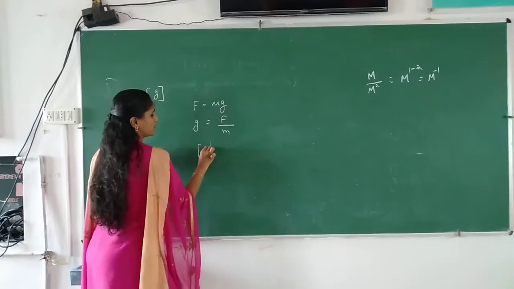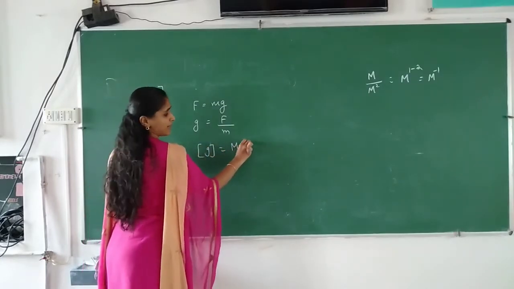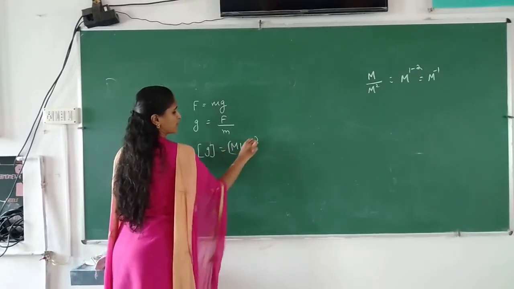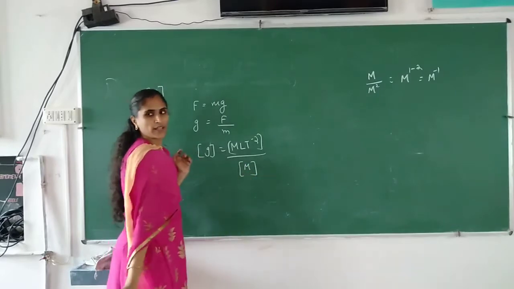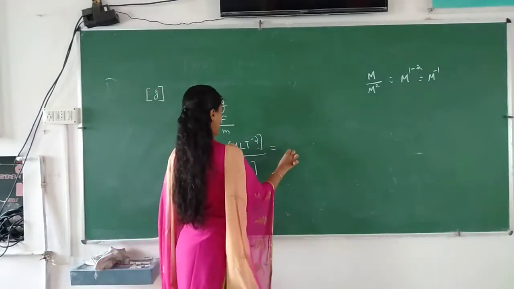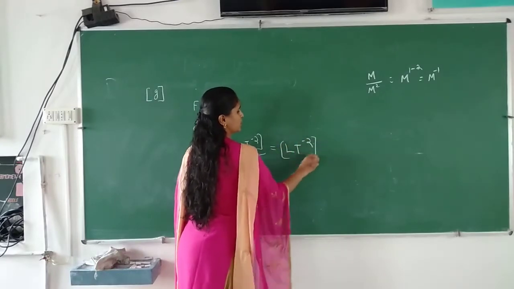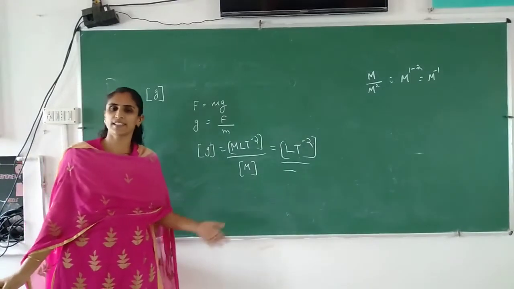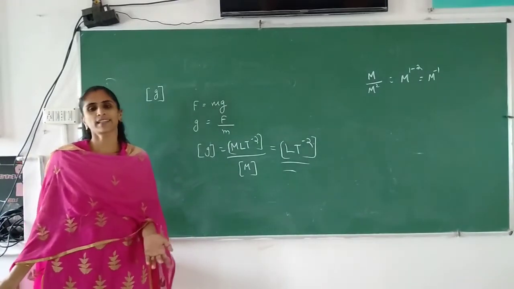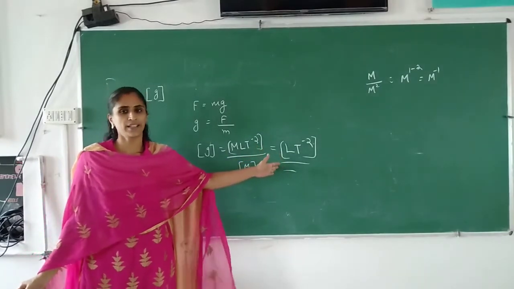So the dimension of g is the dimension of F, m L t raised to minus 2, divided by the dimension of m. The m gets cancelled and we get L t raised to minus 2, which means acceleration due to gravity has the dimension of acceleration itself, because it is also acceleration.